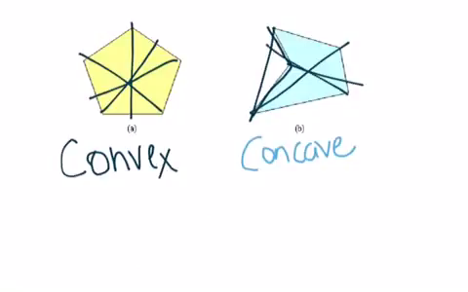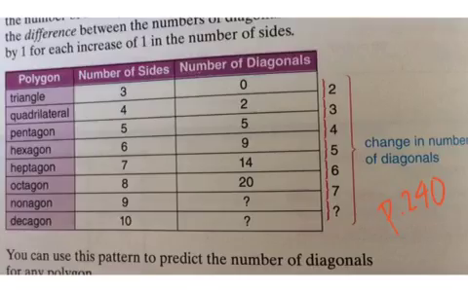If you notice, this one right here is outside. That makes it concave, and that makes this a convex polygon. Convex polygons can be regular or irregular, FYI.